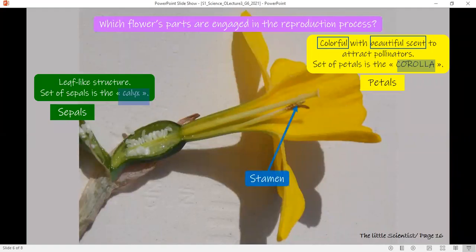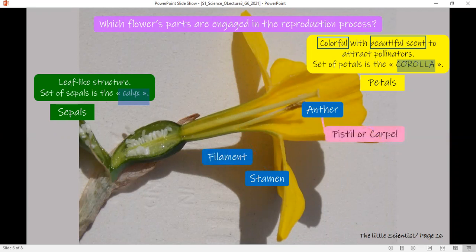Here we have the stamen with its head, the anther, and its body, the filament. And then we have the pistil, which is standing in the middle with its stigma. This line is the style, and then the ovary.